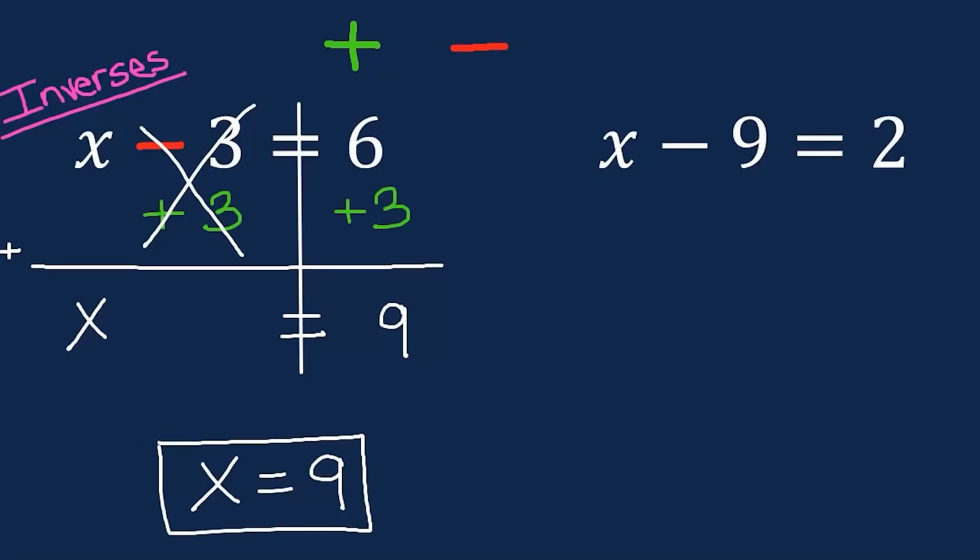Let's do another one just like this. Since this is -9, we would need to add 9. First, we're going to anchor down that equal sign, and then we can add 9. Once we do it to this side, we have to do it to this side.